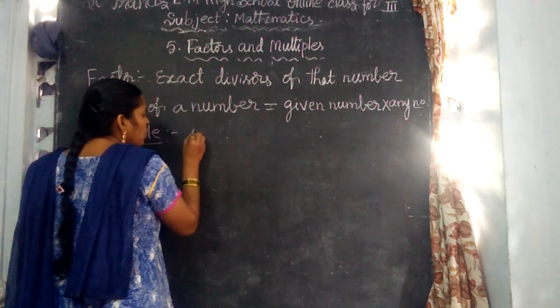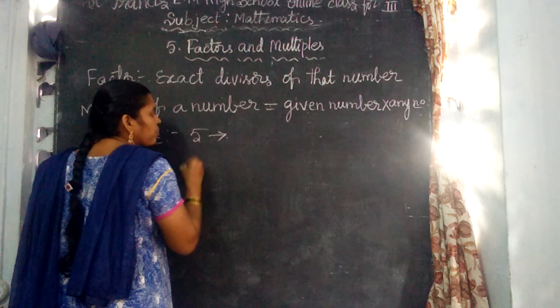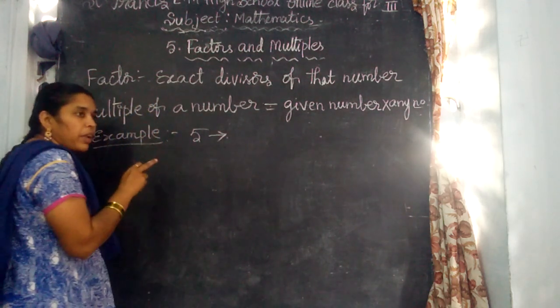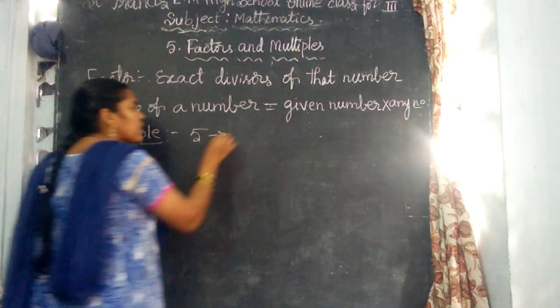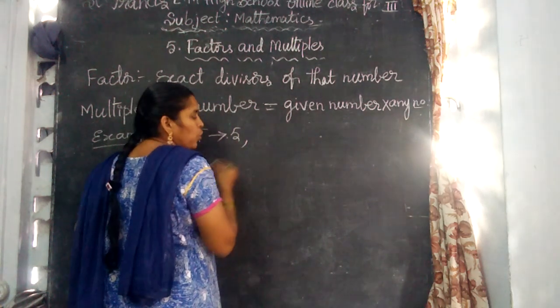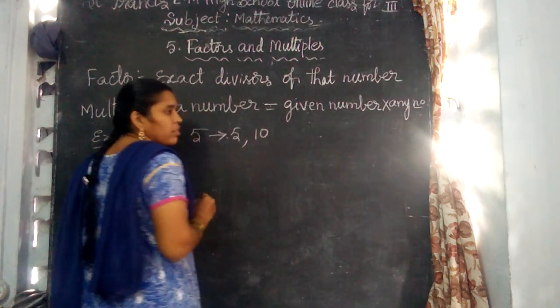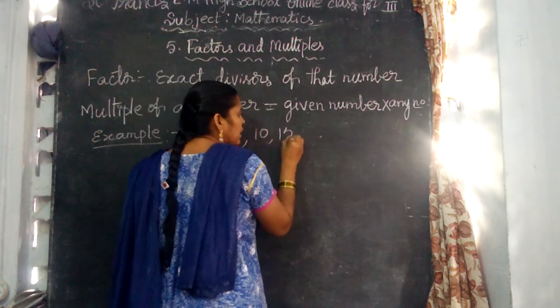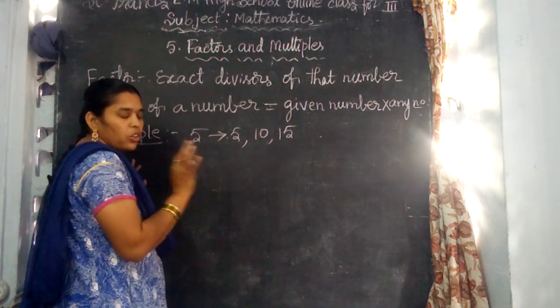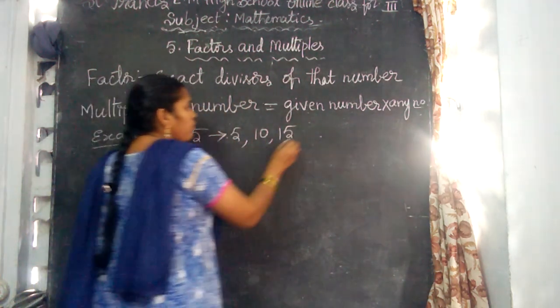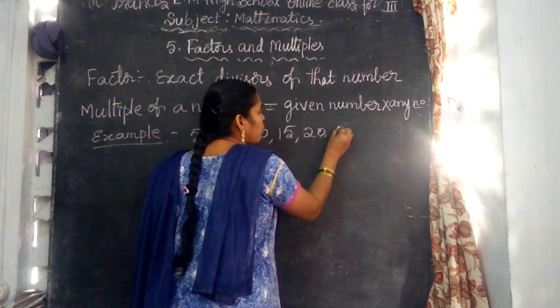So 5 multiplied by 1, what will come? 5 1s are 5. By 2, 5 2s are 10. 5 3s are 15. Just write the product, no need to write the table. 5 4s are 20. 5 5s are 25.